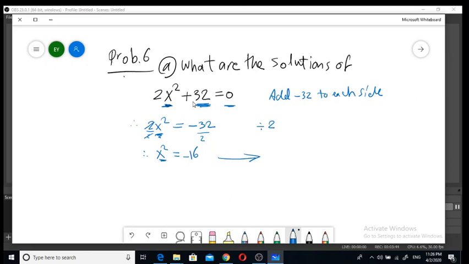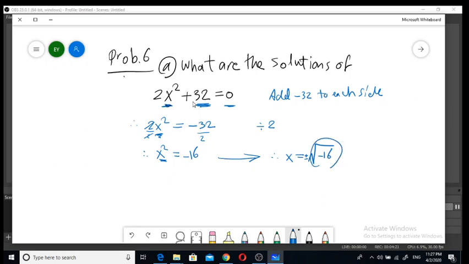Then we need to find x, not x squared. So we are going to take the square root of each side. Then we have x is equal to square root of negative 16. Or we can say x is equal to plus or minus square root of negative 16, because in quadratic equations we have two solutions, one positive and one negative.